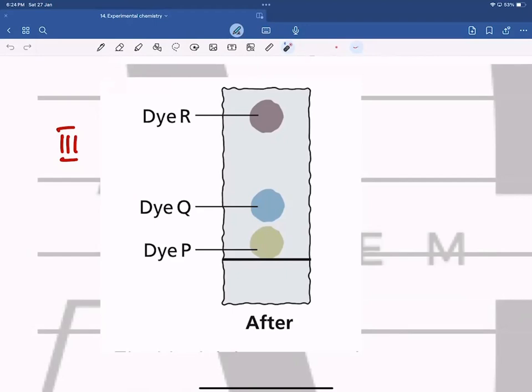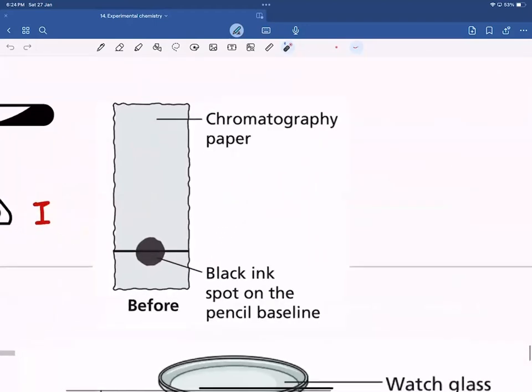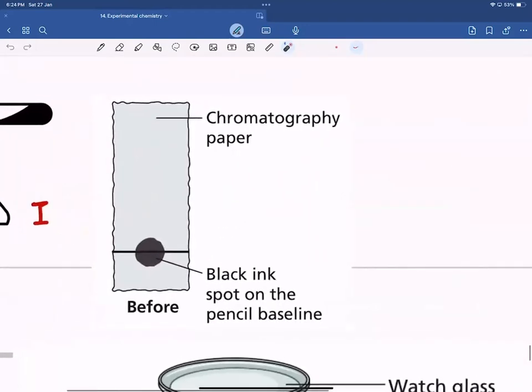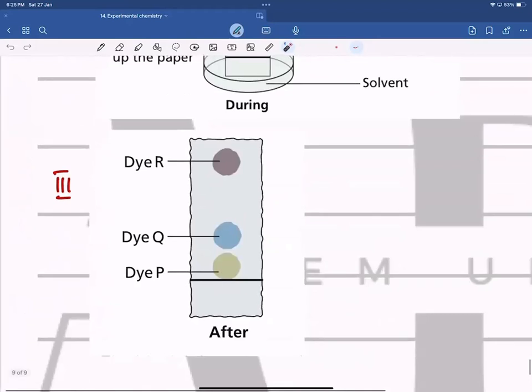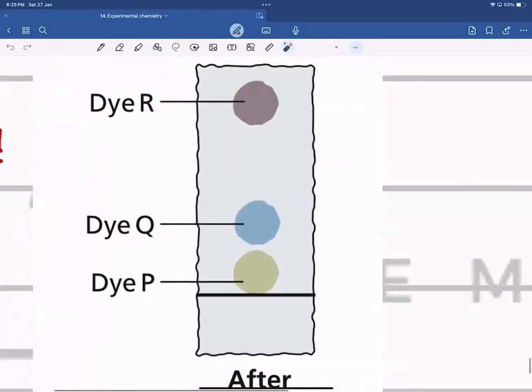The other thing, if you see here in this experiment, the chromatography is done for black ink. So after chromatography, we found that there are three dyes which make up black ink: dye R, dye Q, and dye P. Now, dye P just traveled a very small distance, isn't it?